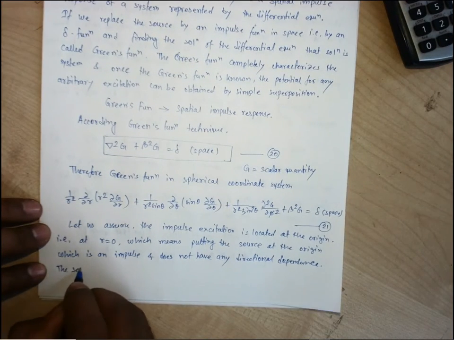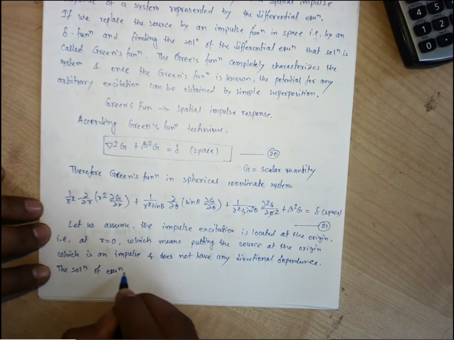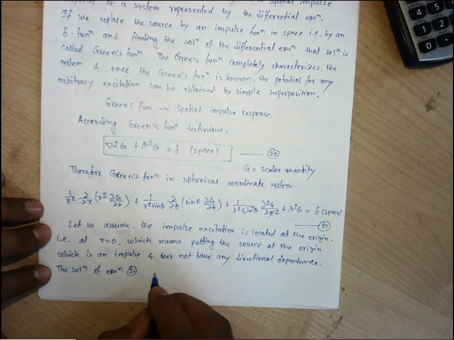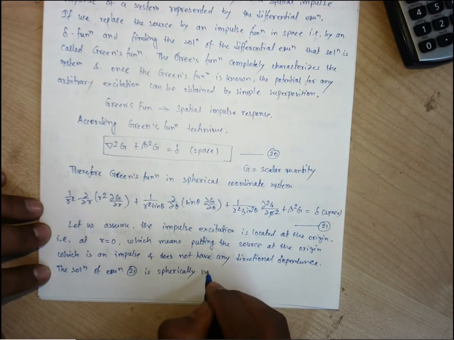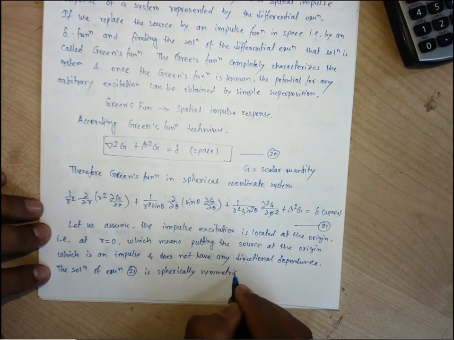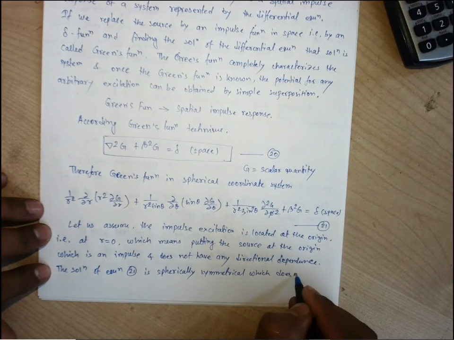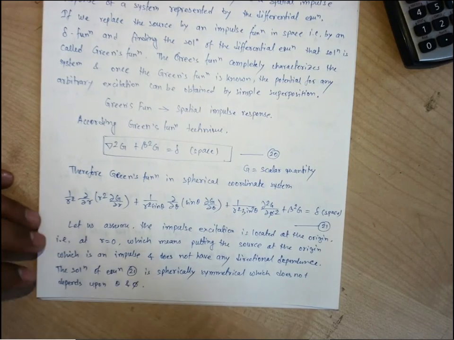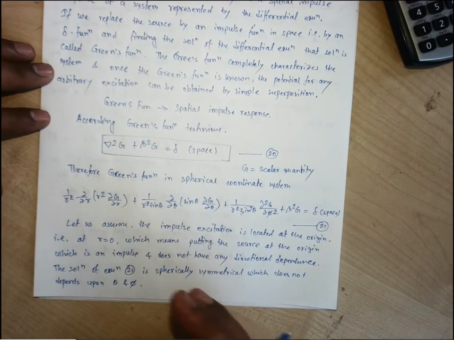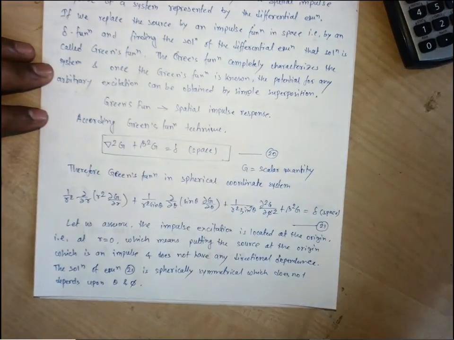The solution of equation 21 is spherically symmetrical, which does not depend upon theta and phi. It is only depending upon the r, where we have been taking the source, either on the origin or some other value.